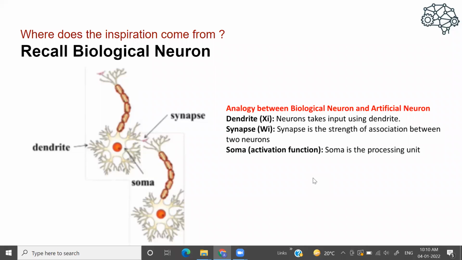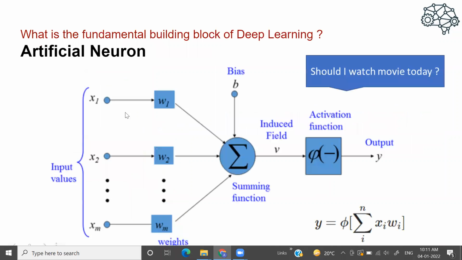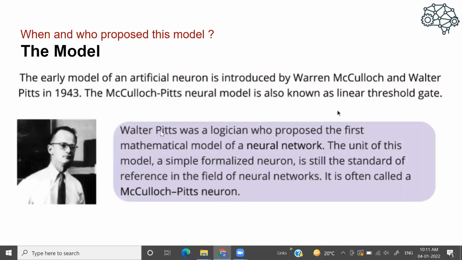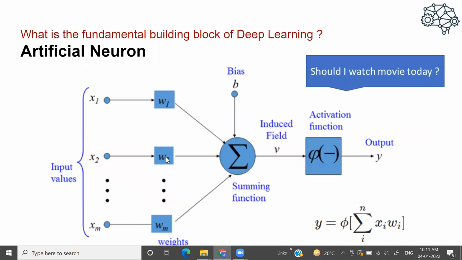The dendrite of a biological neuron is somewhat similar to the inputs of the artificial neuron, and the way we have synapses in our nerve cells, similarly we have weights in the artificial neuron, which determine the strength of connection between the inputs, or in a broader sense, the strength of association between different neurons, right?